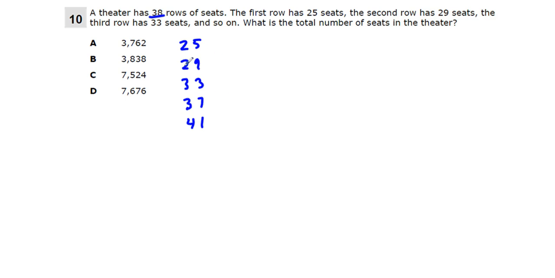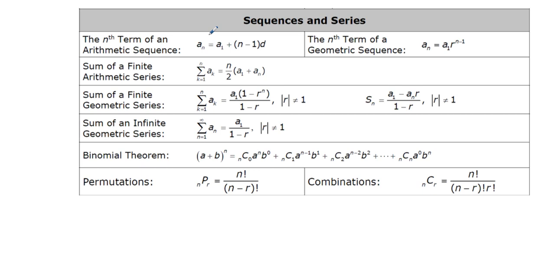But there's really a faster way to do this that I've been encouraging you to look at. If you go to your ACP Formula Chart, which I have pulled up right here, you have two equations: the nth term of an arithmetic sequence and the one right below it, the sum of a finite arithmetic series.